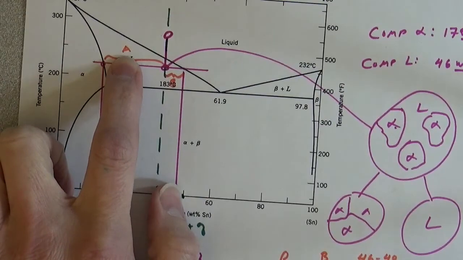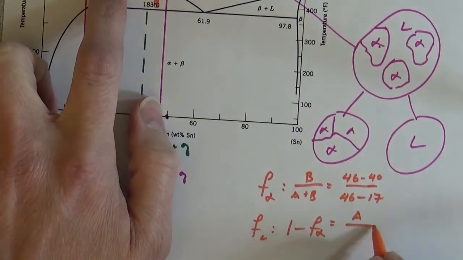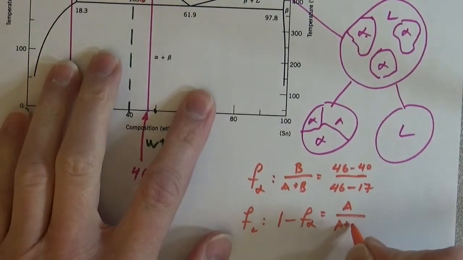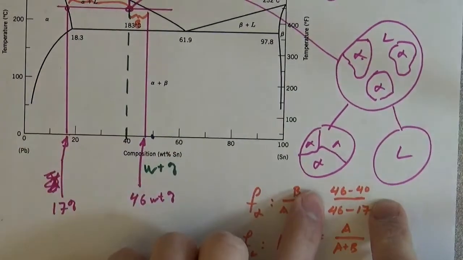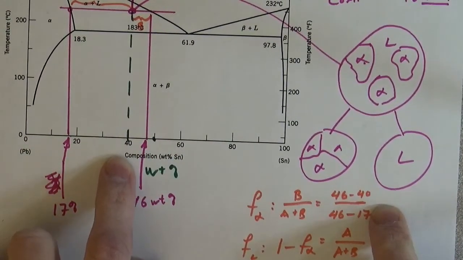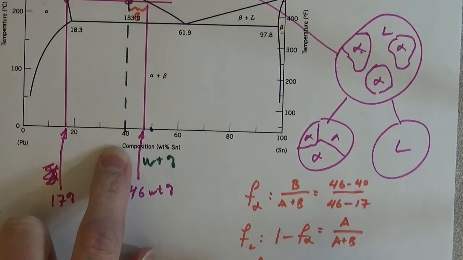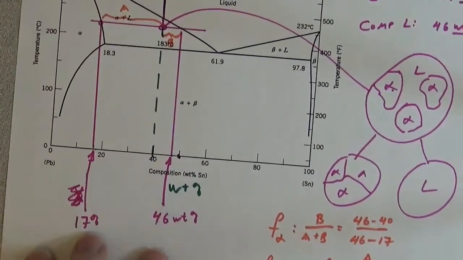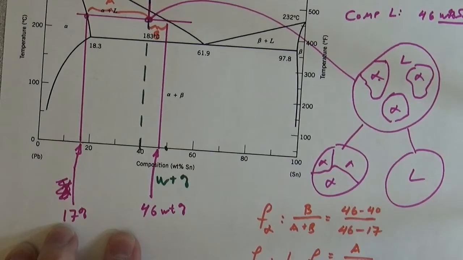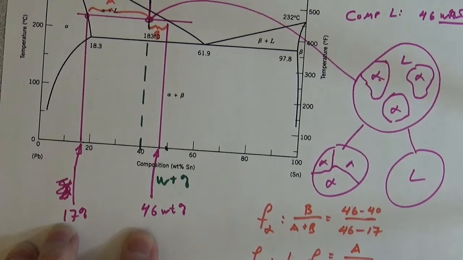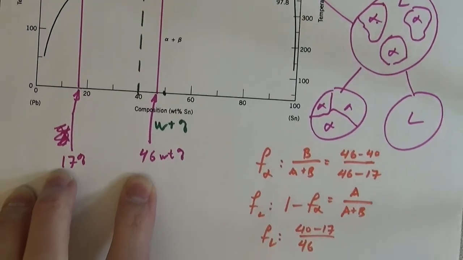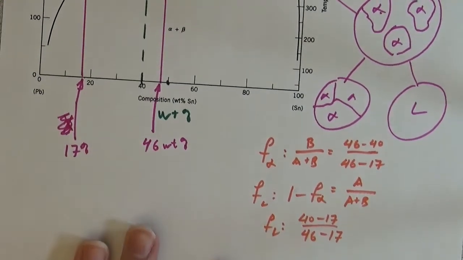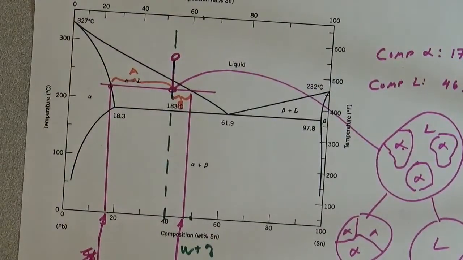That's going to be the A region, A divided by the total length, which is A plus B. So F liquid is going to be 40 minus 17, divided by A plus B, which is 46 minus 17.